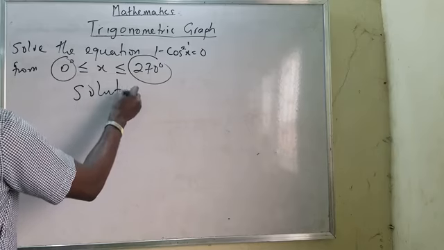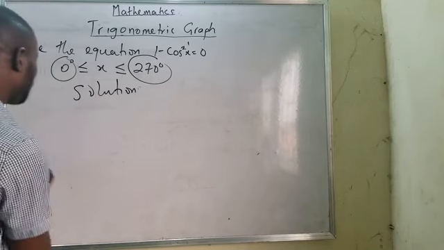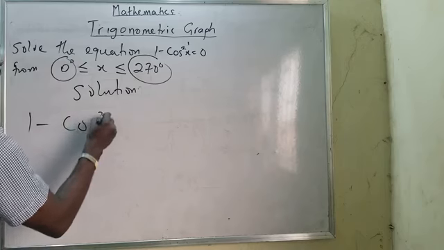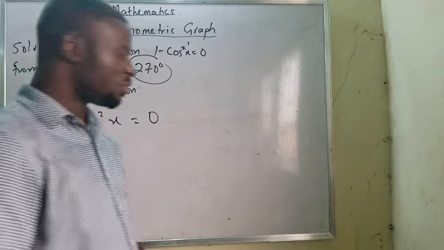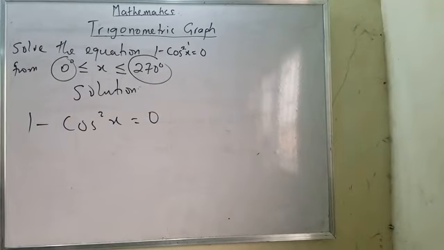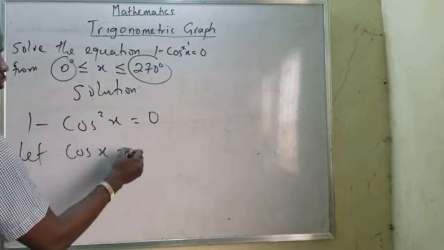Now, when you have something like this, what can I do? Solution to this problem: what I need to do is relate this problem, 1 minus cos squared x equals 0, as if I'm solving normal algebra. I can say let cos x equal m.